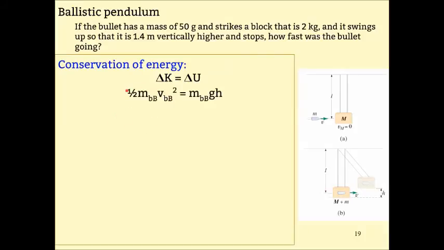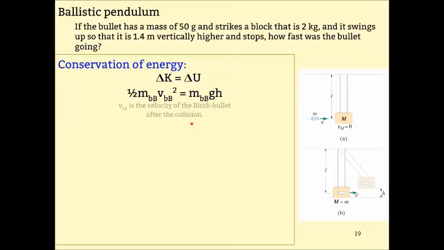So we put in 1/2 mass of the bullet and block, velocity of bullet and block squared, so that's kinetic energy, is equal to the change of potential energy, not 1/2, but mass times the sum of the masses, g times h.